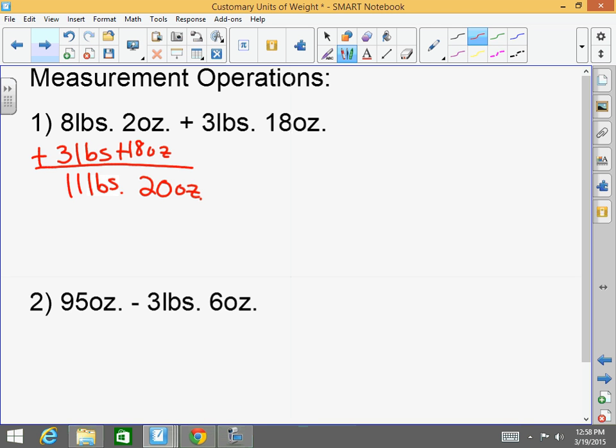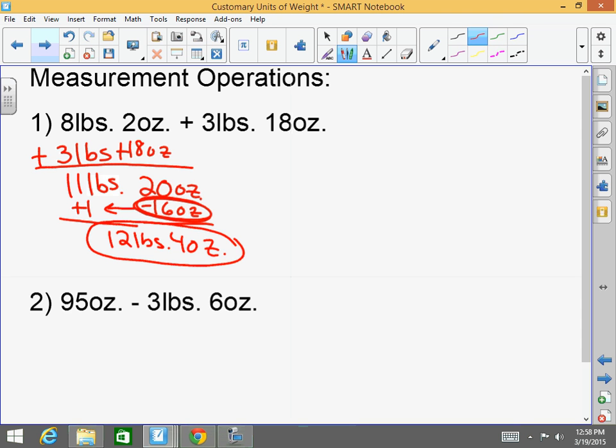Aren't there 16 ounces in 1 pound? So can't I take away 16 ounces from 20 ounces, leaving me with 4 ounces, correct? But these 16 ounces, doesn't that equal 1 pound? So I have to add 1 pound. So my answer here will be 12 pounds, 4 ounces. You cannot do that, though, unless you know your tables.